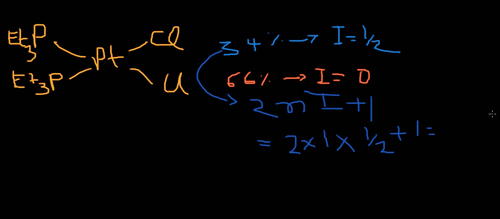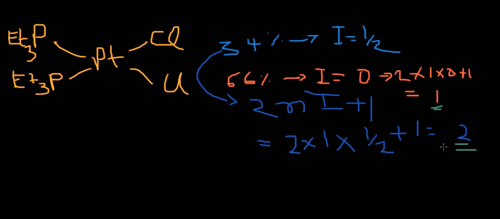So 2 into 1 because one platinum atom, and I equals half, plus 1. You get 2. So in total 3 peaks appear for this compound.